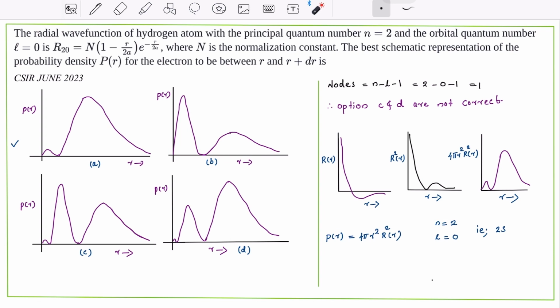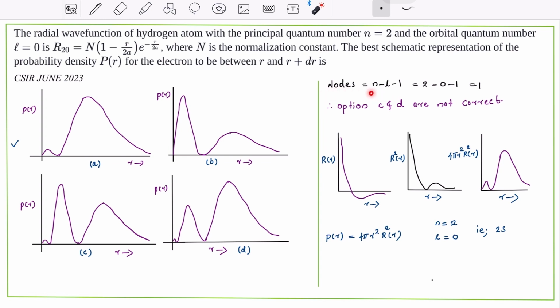In the present problem, we have to find out the probability density P of r for the state n is equal to 2 and L is equal to 0 for hydrogen atom. To solve this problem, first let us find out the number of nodes.